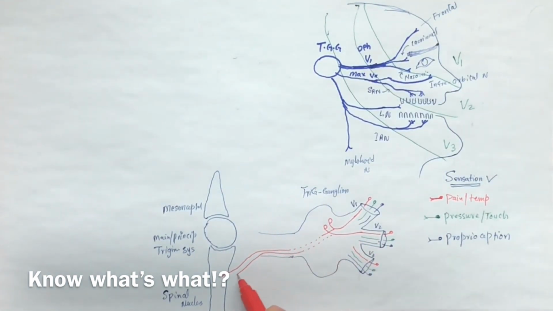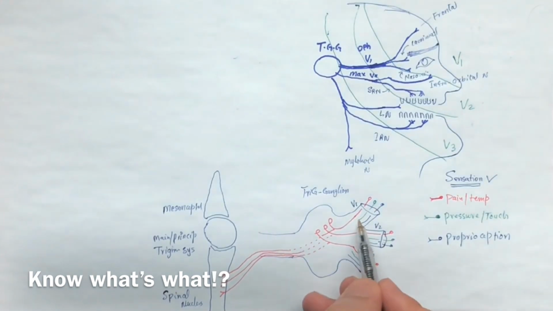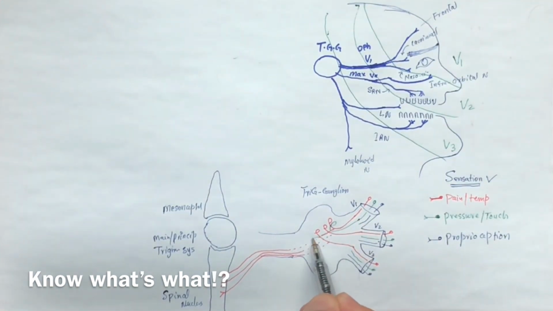Okay, from the different branches of the trigeminal, all the pain and temperature fiber will go down there to the spinal nuclei, and then the pressure and touch, they will also have a cell body, and they will give the fiber to the main nucleus of the trigeminal system.